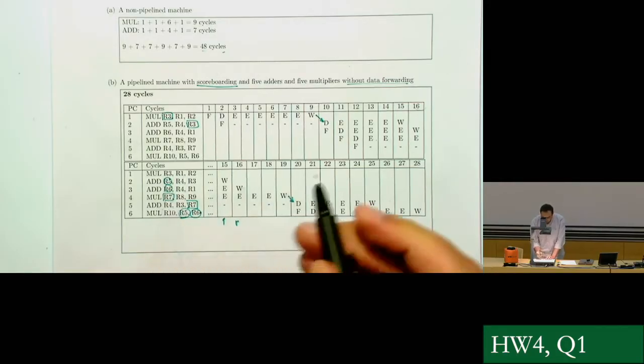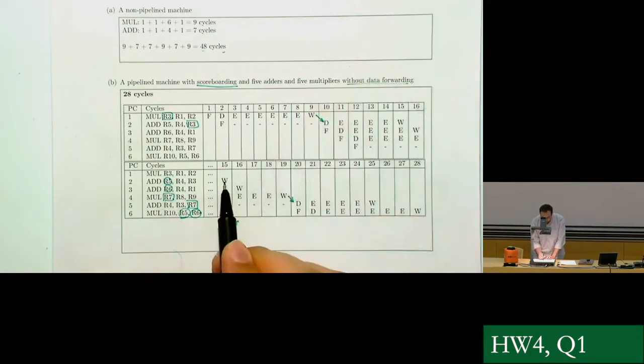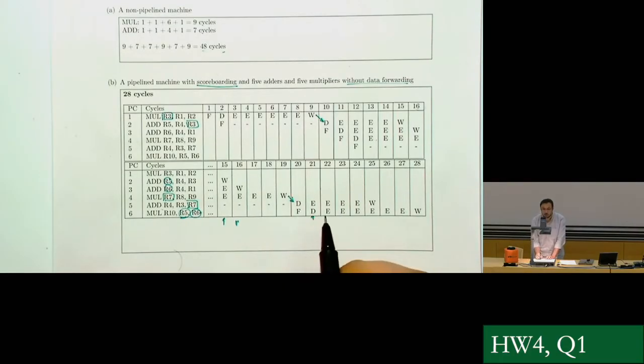These instructions complete in the 15th and 16th cycles, so we already have the data in the register file when we come to this decode stage. Then we don't have to stall, and we can just finish executing the program in 28 cycles.